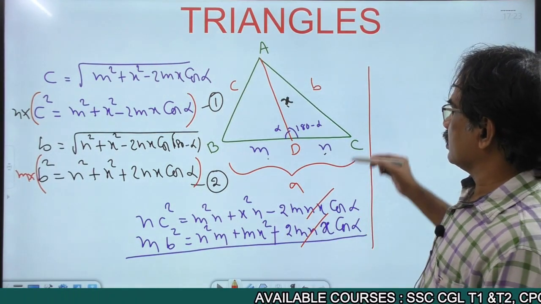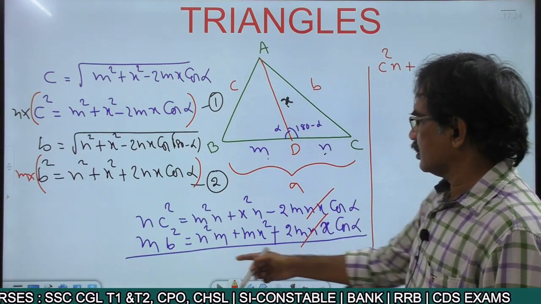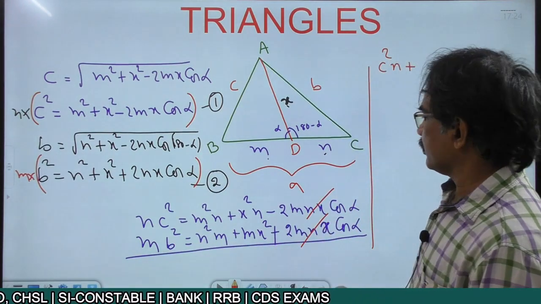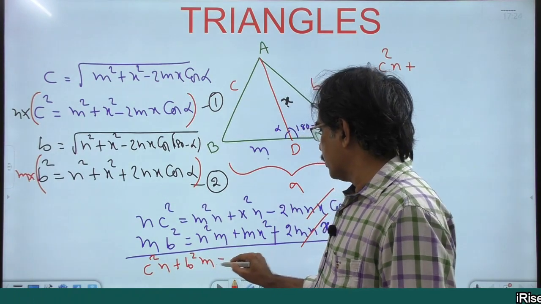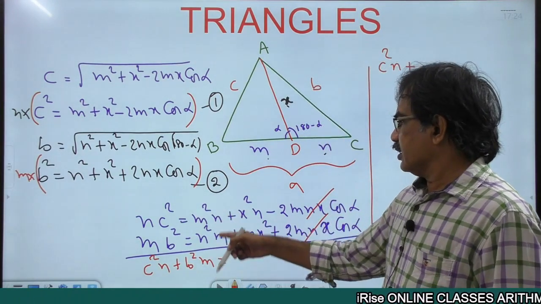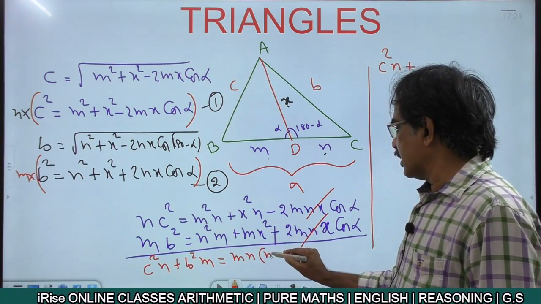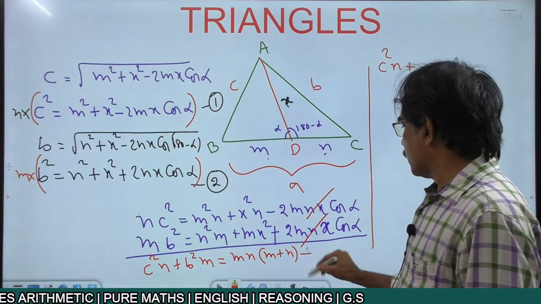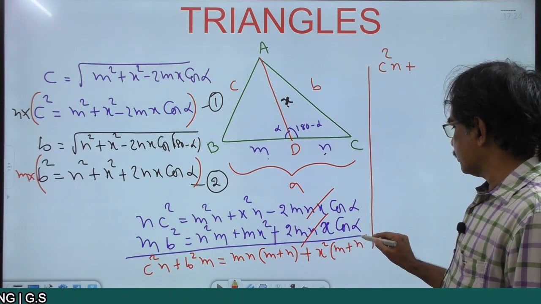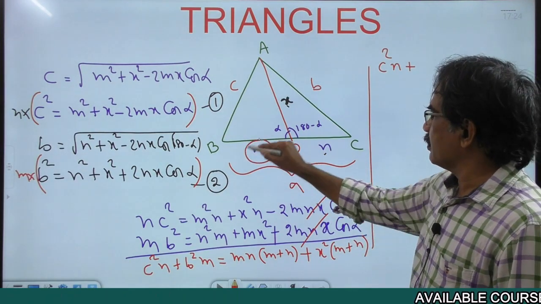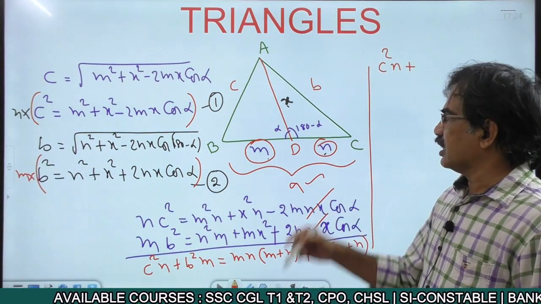Okay, then c square n plus b square m is equal to, in these two take mn common, we get m plus n, plus in these two take x square common, we get m plus n. But what is m plus n? m plus n is equal to a. So in place of m plus n, I want to put a.